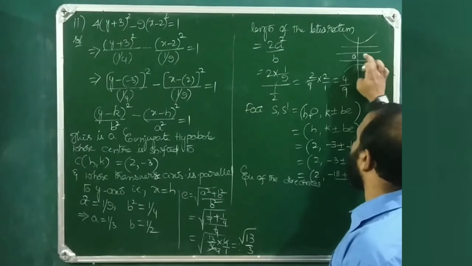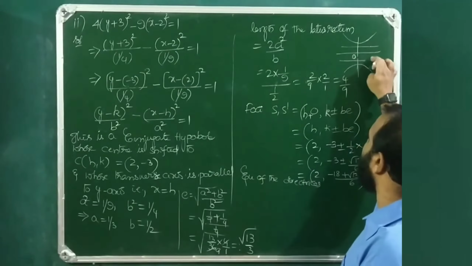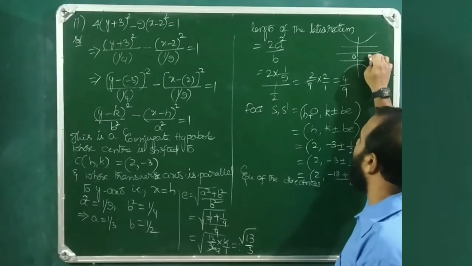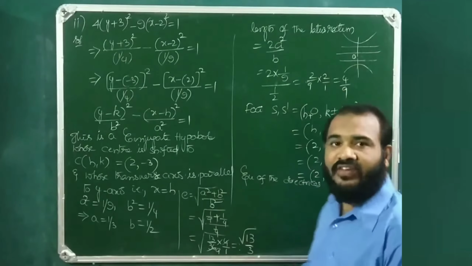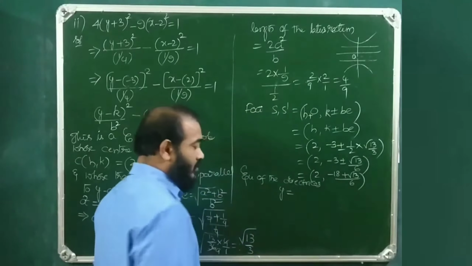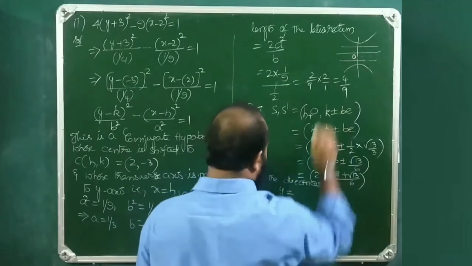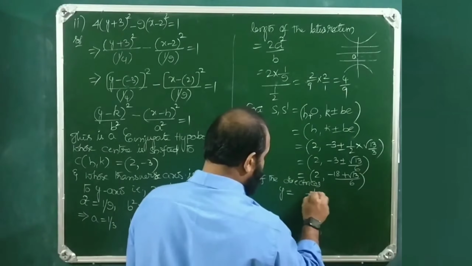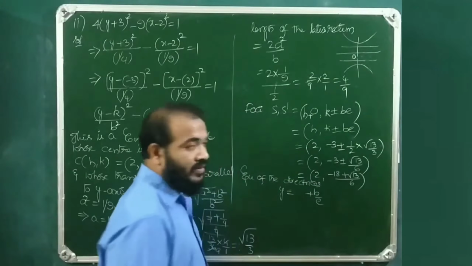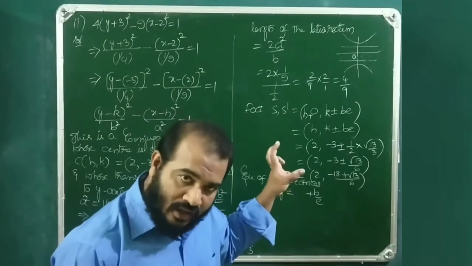These two lines are parallel to the x-axis. So parallel to the x-axis, y is equal to something. So y is equal to plus or minus b by e, for the conjugate hyperbola whose center is at the origin.